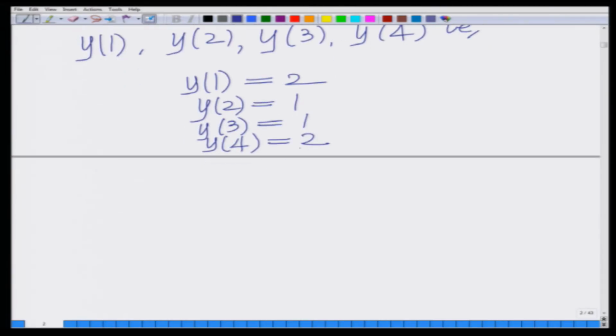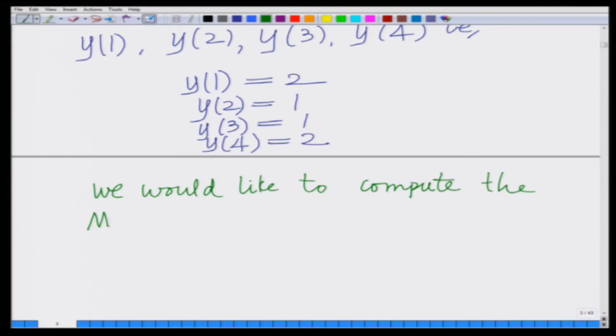And now, to compute the maximum likelihood estimate of the channel vector H, what we would like to do is compute the maximum likelihood or basically the least squares estimate, the ML estimate of the channel vector.